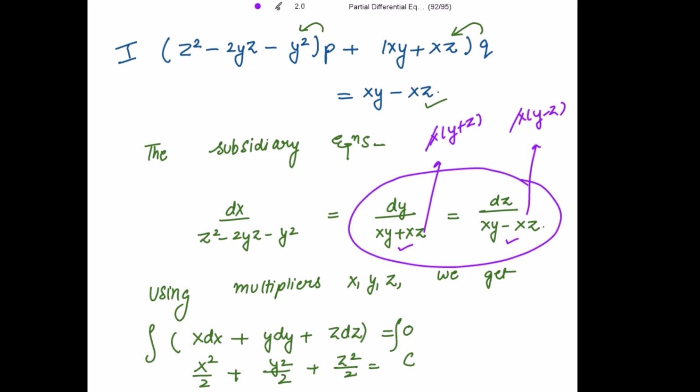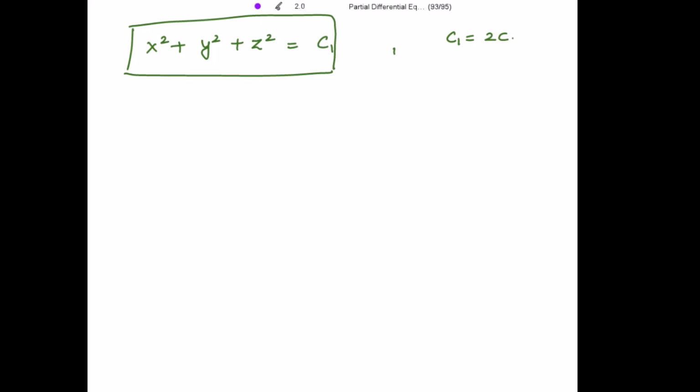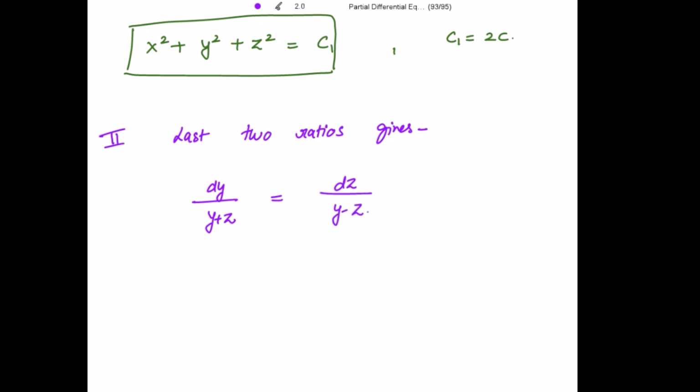So the last two ratios give dy divided by y plus z equal to dz divided by y minus z. On cross multiplying we get y minus z into dy equal to y plus z into dz.